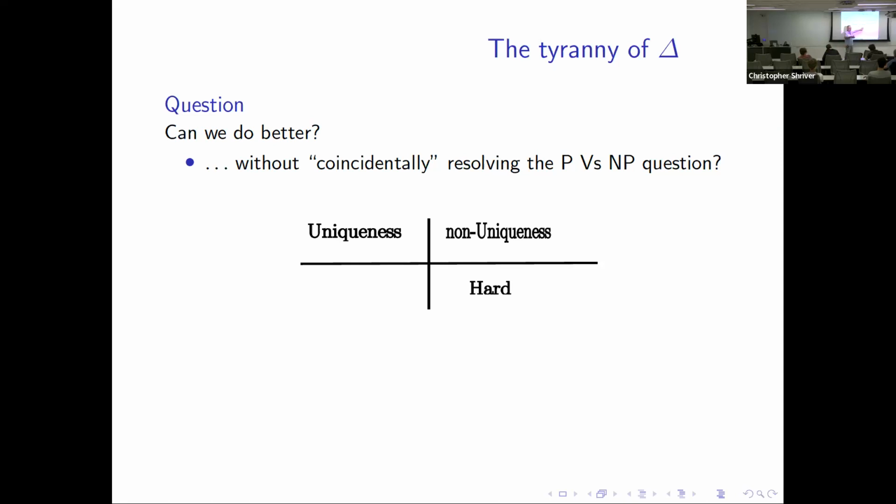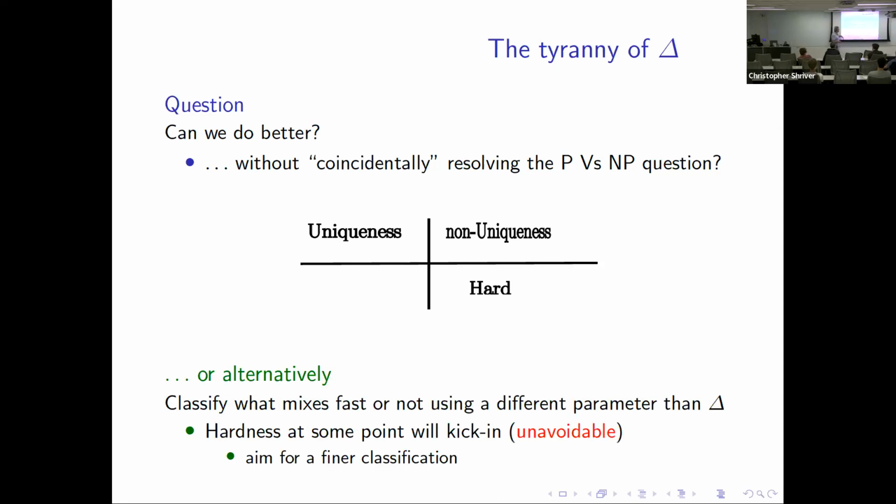Actually, there are families of graphs for which this is true, but I'm going to look for some general principle here. To phrase it in different terms, I'm thinking of classifying what mixes fast and what mixes slowly, but using a different parameter than the maximum degree.